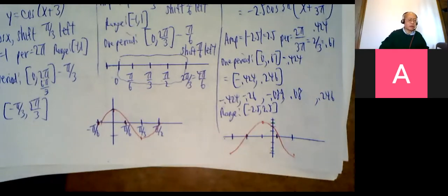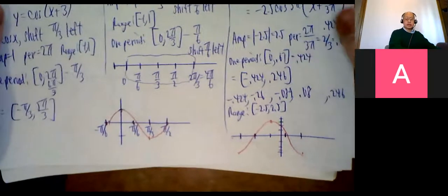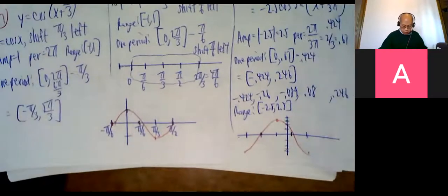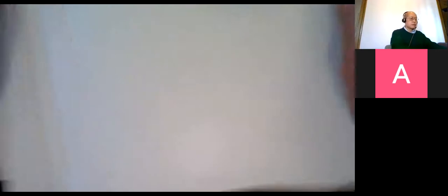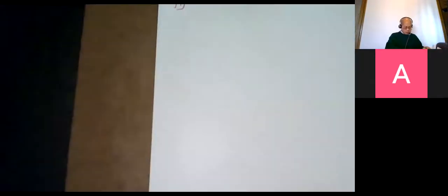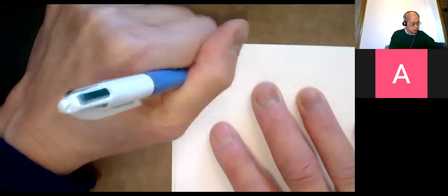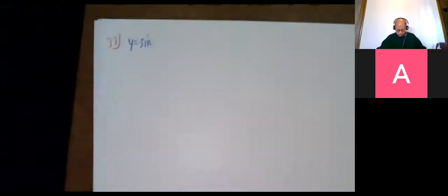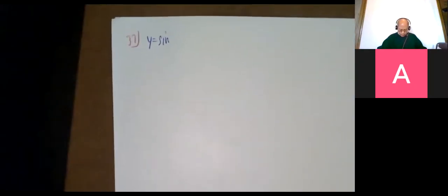Right, so you can see that we're factoring out in these cases that I have here. Okay, we'll try a few more. Let's see. Try 37 for you. Y equals sine 0.5x plus 0.75.